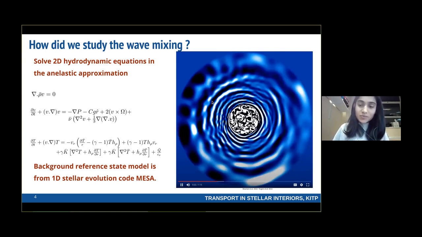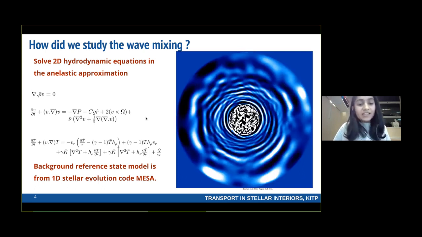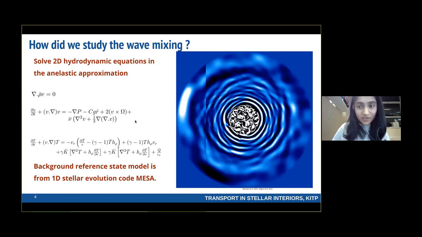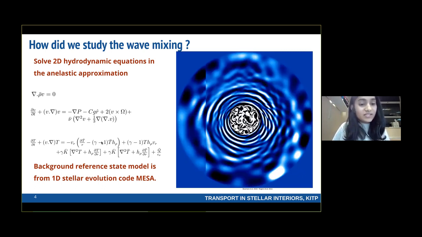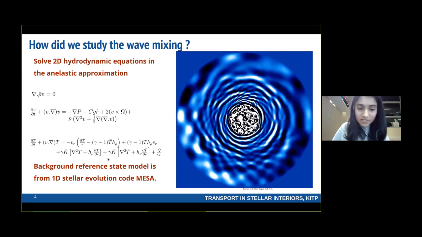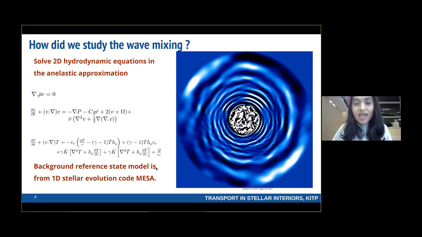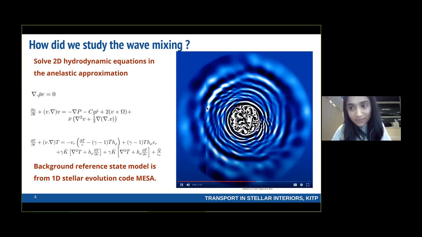The models presented in this work consider no rotation, and the thermal and viscous diffusivity is maintained constant throughout the simulation domain. We have a background reference state model taken from the 1D stellar evolution code called MESA. And from our numerical simulation, we calculated the velocity over time.